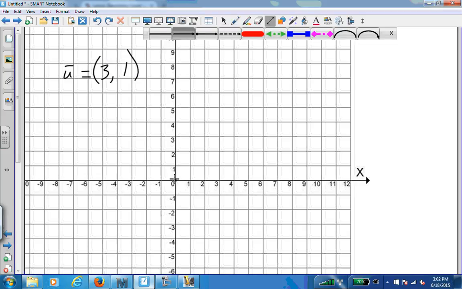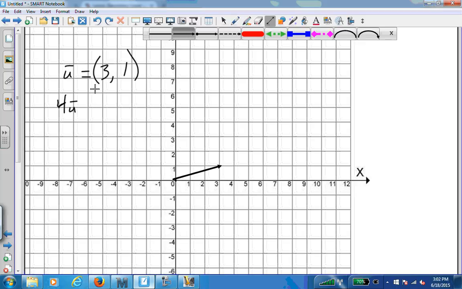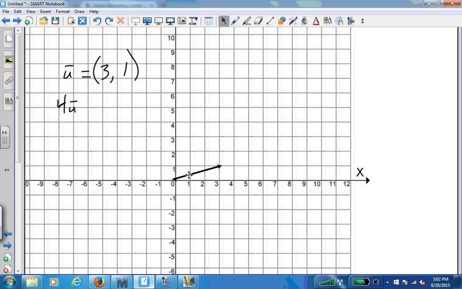For convenience, we'll start it at the origin. If I want 4u, that means geometrically that I'm going u 4 times. So I've got it once, twice, 3 times, 4 times.